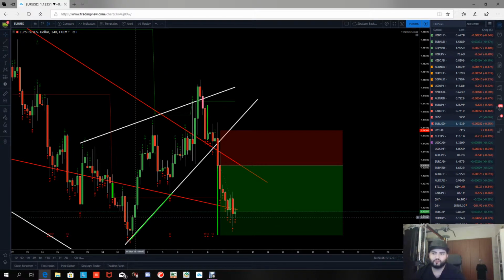So in this case, you've got 1, 2, 3, 4, and as you can see, the close is higher, and then you've got number 2. If you look back 4 candles, you've got 1, 2, 3, and 4, and the close is higher, and so forth. This would be your 1, 2, 3, 4, 5, 6.